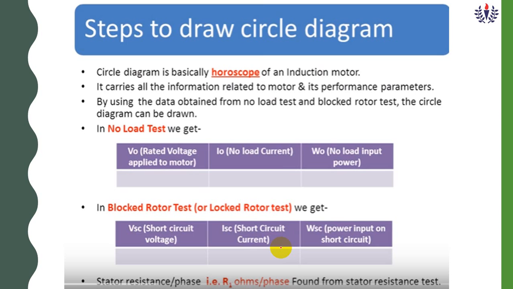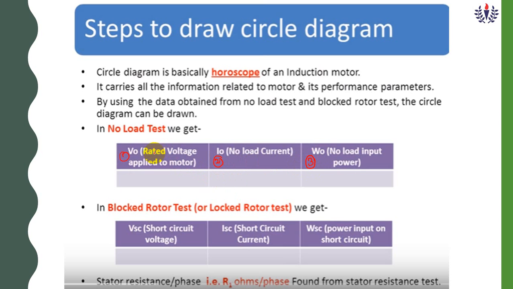In the no load test, there are three parameters which we measure. One is V naught, the rated voltage. Second is I naught, the no load current. Third is the no load input power.